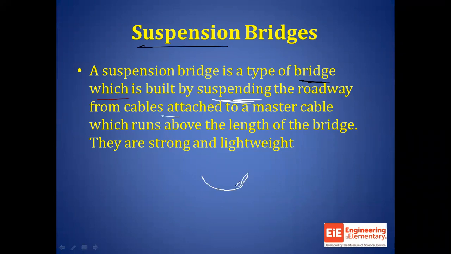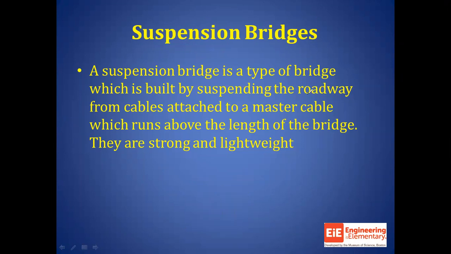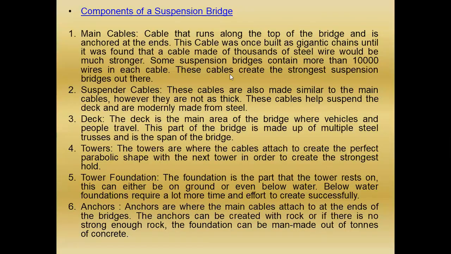As you can see in the diagram, this is the suspension cable, this is the deck slab, and these verticals are called suspenders. It is built by suspending the roadway from cables attached to the master cable, the suspension cable, which runs along the length of the bridge or the road, and they are strong and lightweight. Suspension bridges are strong and lightweight, right? So these are the components of the suspension bridge.